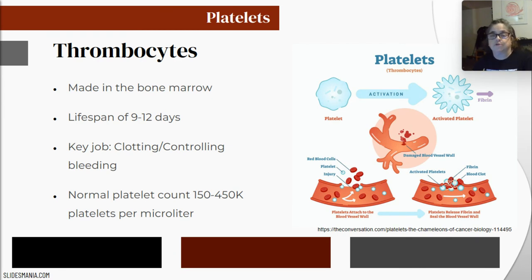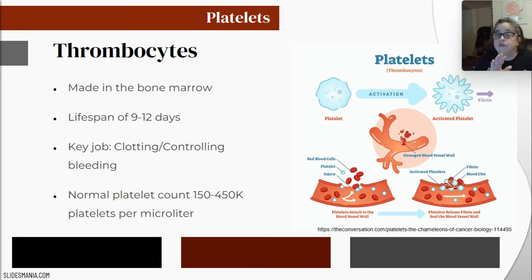And as the diagram shows, when there's an injury, the platelets get activated, they kind of call other platelets in, and those platelets gather at the site of the injury and form these clots that help seal up the injury and keep us from bleeding.